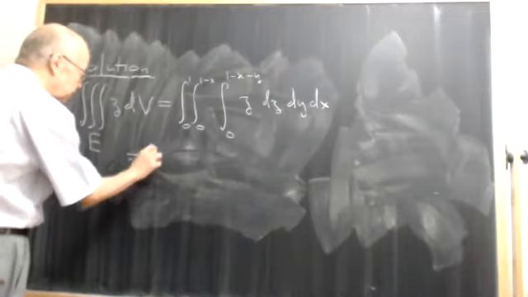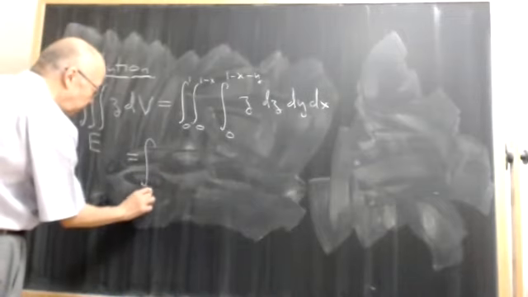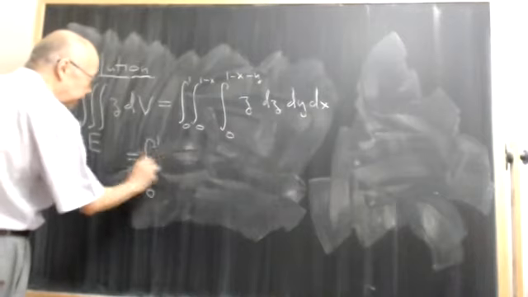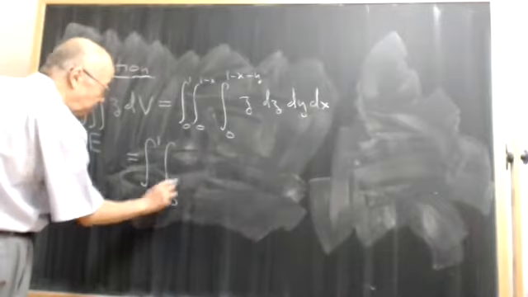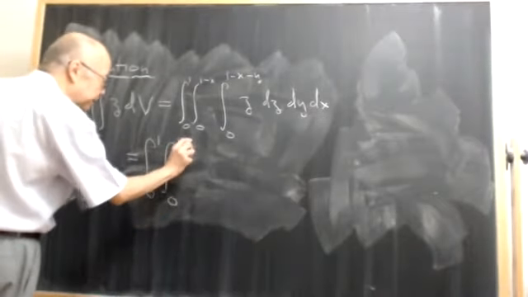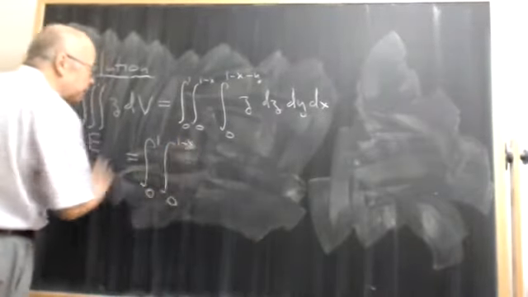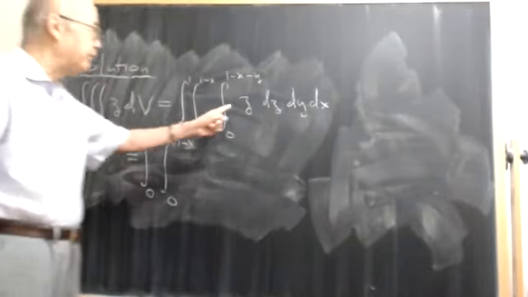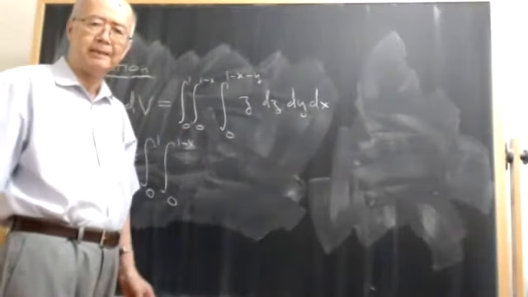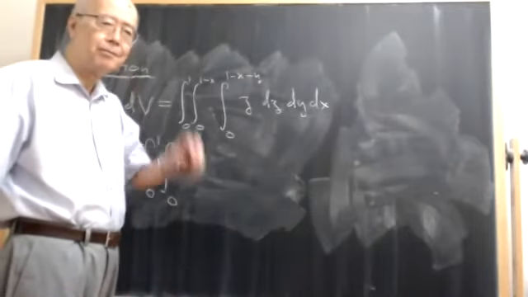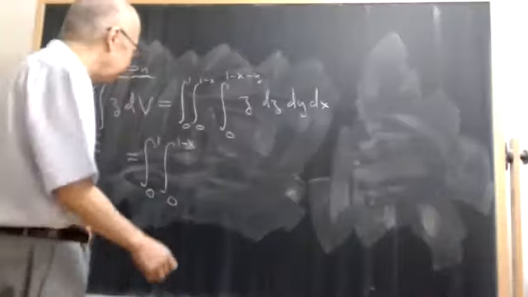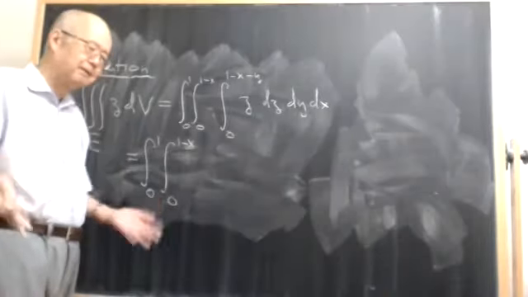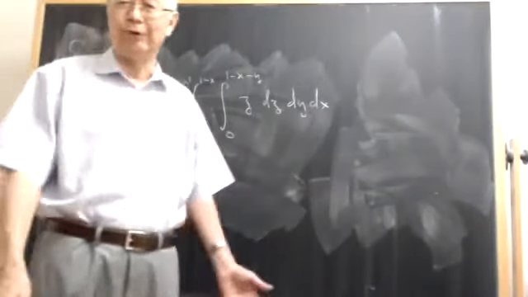So we have the integral from 0 to 1. And the integral from 0 to 1 minus x. When you integrate z, what do you get? Z squared over 2, right? This is what everybody should know.